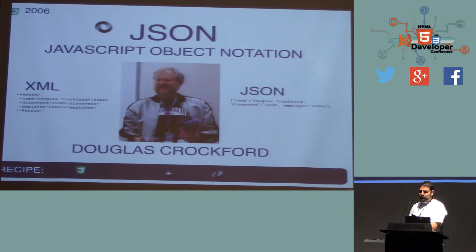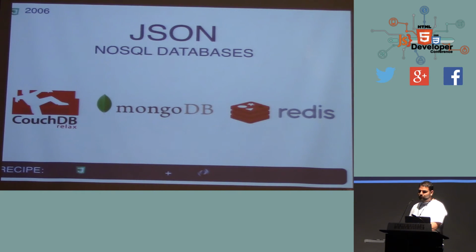And with JSON, we have things like NoSQL databases, things like MongoDB that handles JSON pretty well. We have CouchDB that again handles that pretty well. So a lot of devices, out of the box, use JSON data, the devices that you use every day.